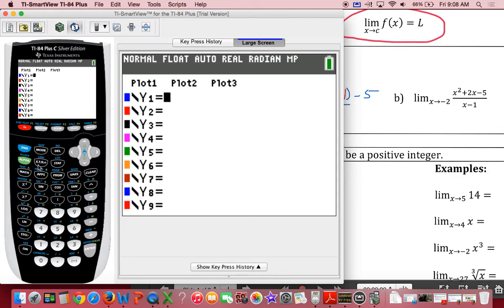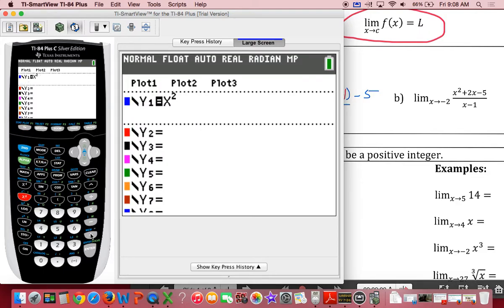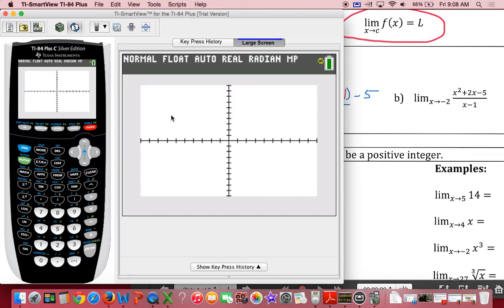Try again. So what do I have? X squared plus 2x and then minus 5. All right, so what's the problem with our screen here? What's the problem with the y-axis?